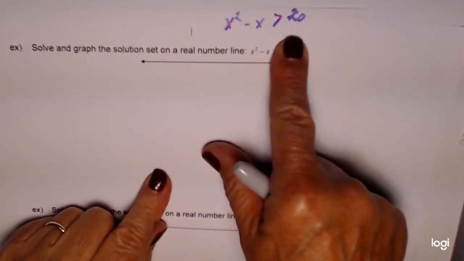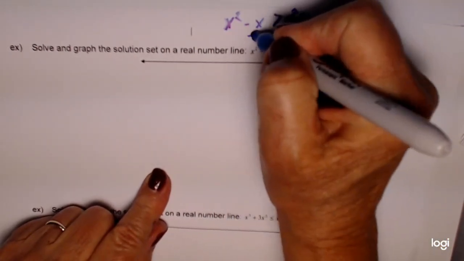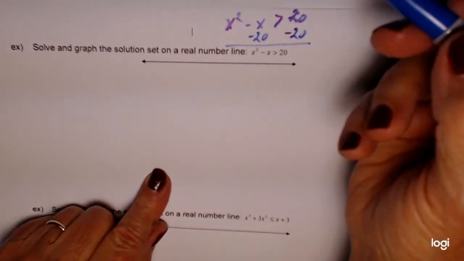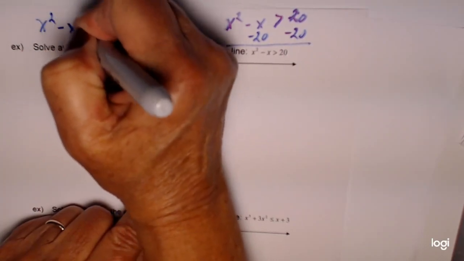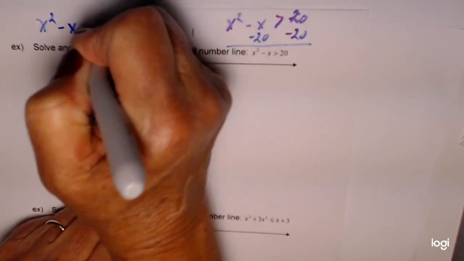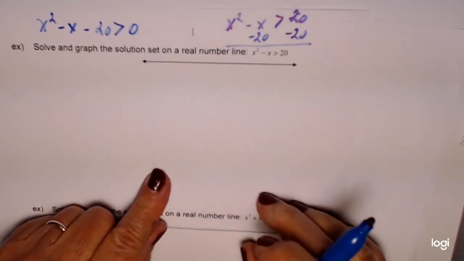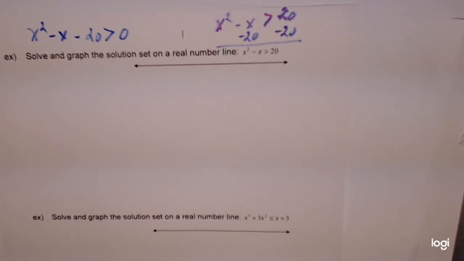We need to see the 0 here. We're seeing 20, so we're going to move that 20 over to both sides. And so the statement we have now is x squared minus x minus 20 is greater than 0.